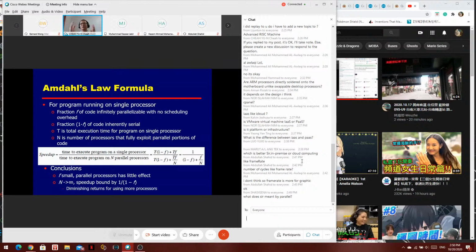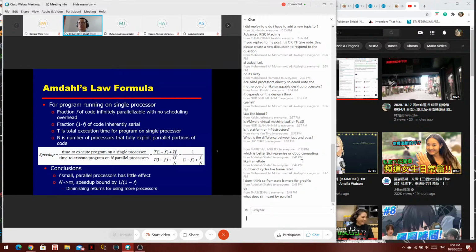If your instructions can only go one by one, then it doesn't matter how many processors you have. It's useless, because it has to go one by one. But if your instructions can be broken up into many channels, then the many processors can process all those instructions together, and only then can you gain that speed up.